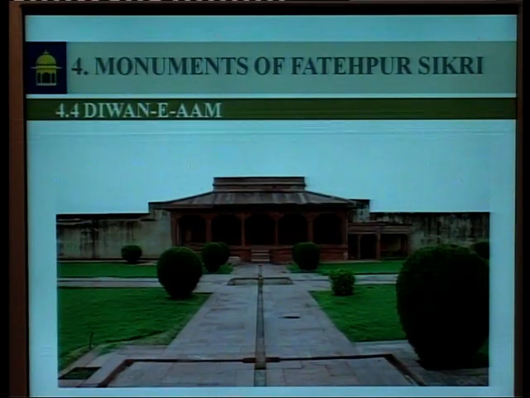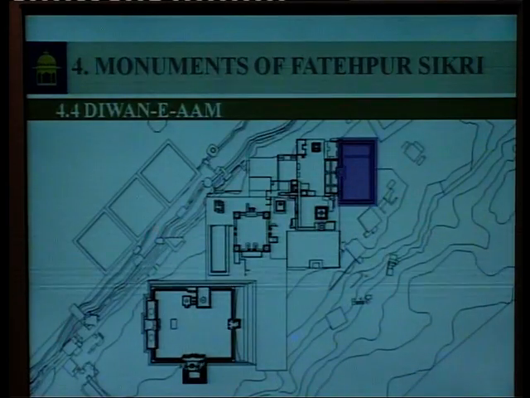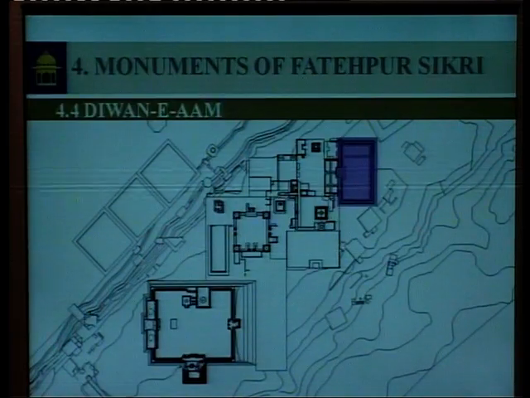The Diwan-i-Aam, this is the building now we are talking of in the entire scheme of things, the one colored here. So Diwan-i-Aam, as the name suggests, is the place where the emperor is going to meet the common people who are going to come there with their faryads, as I may say, or if they have to meet the king for a certain reason.